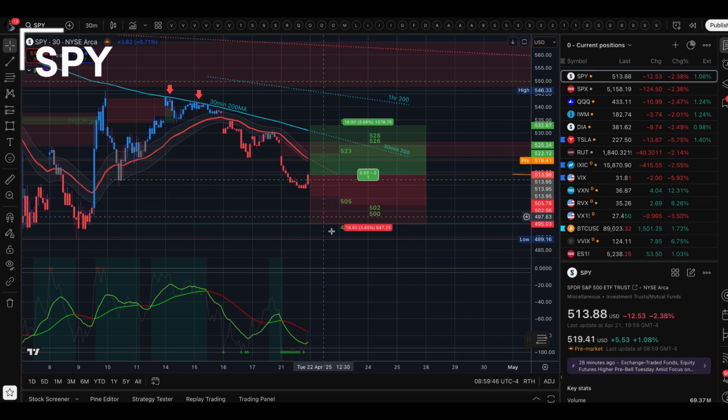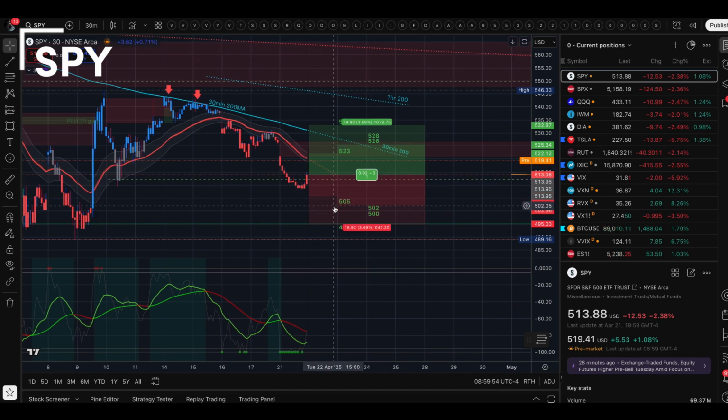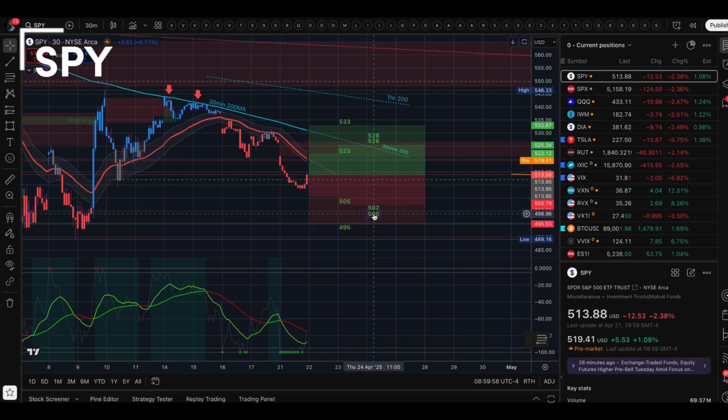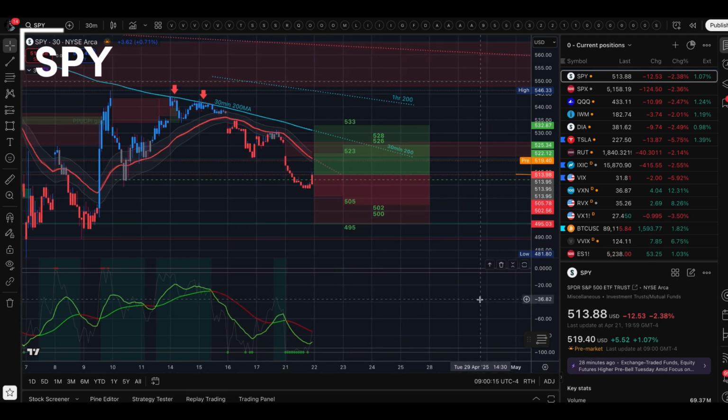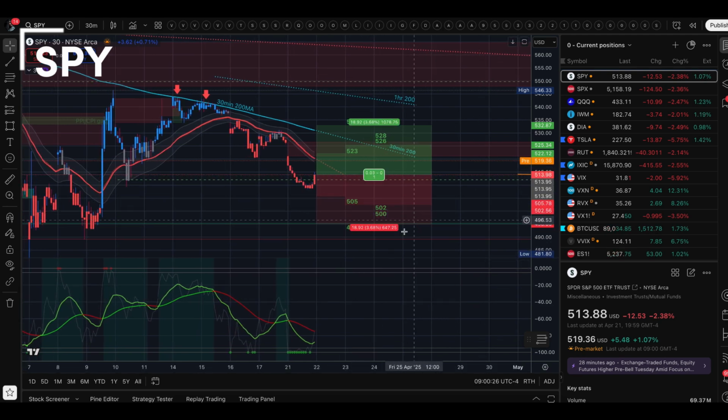Then when we average the three volatility levels, 500, that is definitely the strike that I'm going to be looking to. If we do drop, then the spread that I'm looking to sell is going to be 500, 497, because we have a $3 difference between the two contracts. So 500, 497 is what I am choosing today.